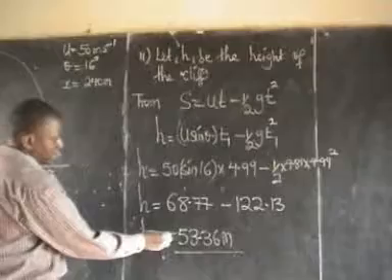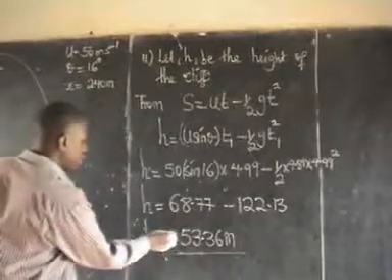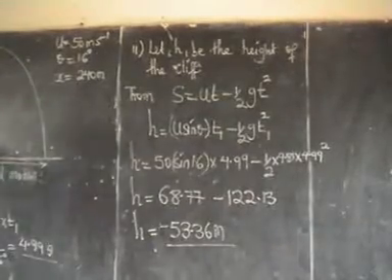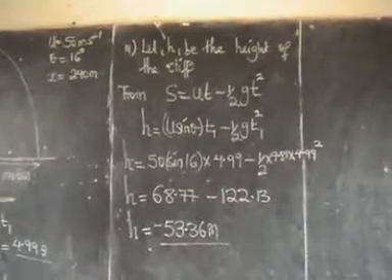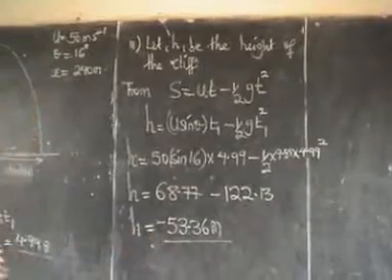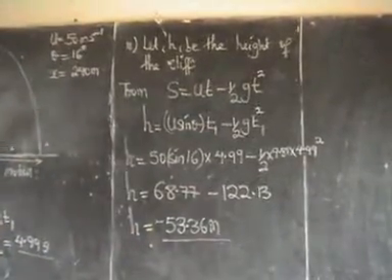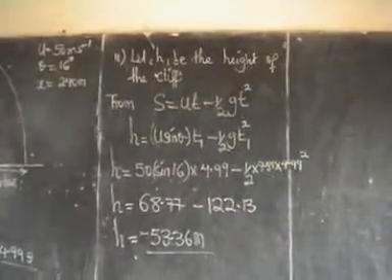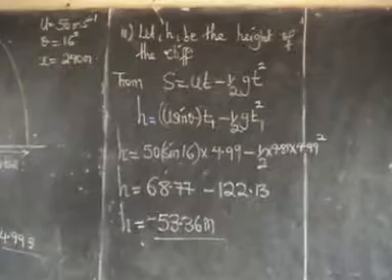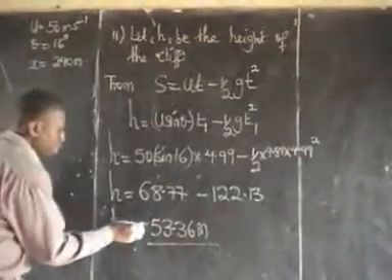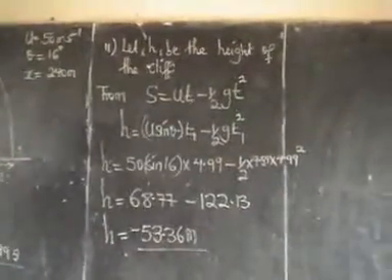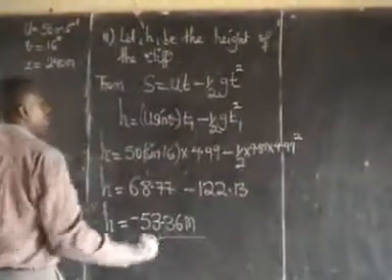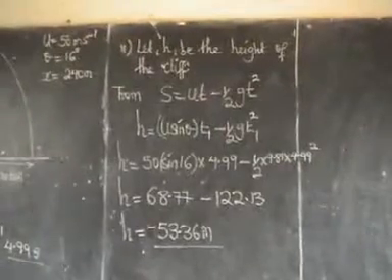Now the impact of this negative is an indicator that h is below the point of projection. If h turned out to be positive, then it would mean that h would be measured above the horizontal plane from the point of projection. So you don't have to worry once you get the negative value, provided we used this as our negative acceleration.